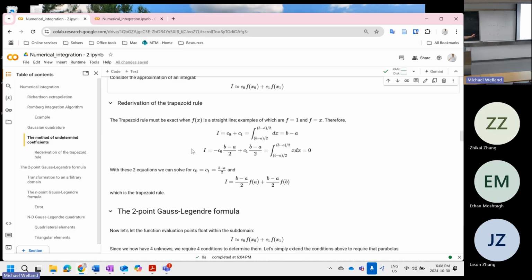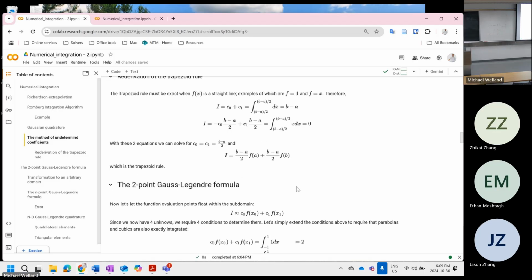What's the integral from a to b of f is equal to x? Going to be 0, right? Because whatever the triangle is over here is equal to that. You cancel out. But what it gives you is another equation. So now you've got two equations. You've got two unknowns, C0 and C1. You solve for those and you get trapezoid rule. Great.